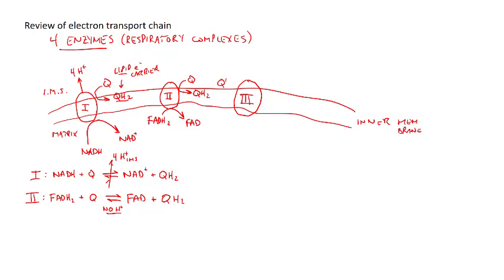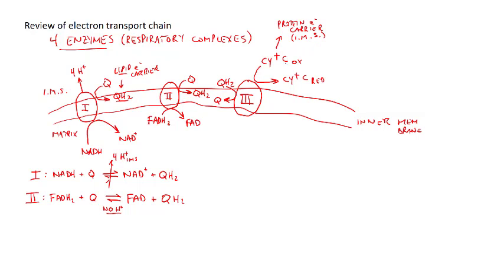Complex 3 takes reduced coenzyme Q and oxidizes it back to regular coenzyme Q, which gives us a pair of electrons. Where do those electrons go? They go onto another electron carrier called cytochrome C. We said that cytochrome C is a protein electron carrier, and it's confined under normal conditions to the intermembrane space.